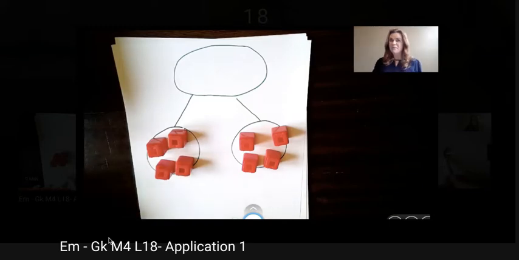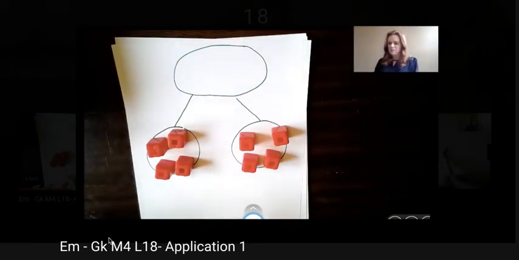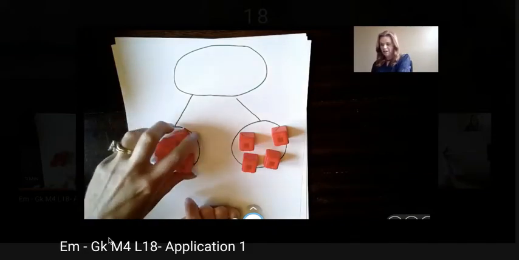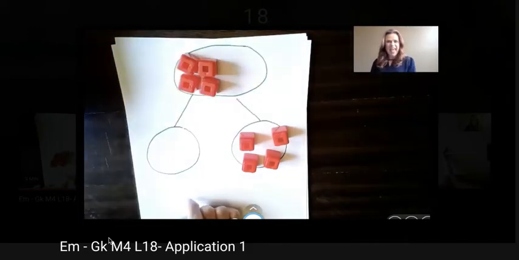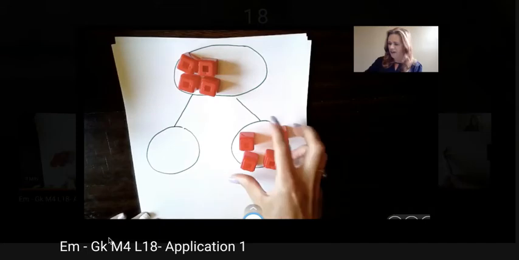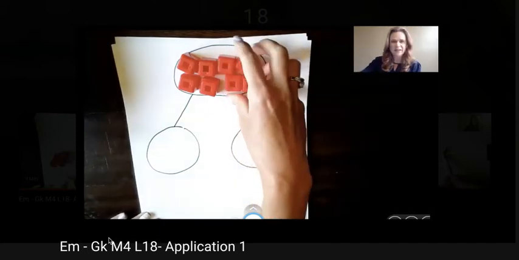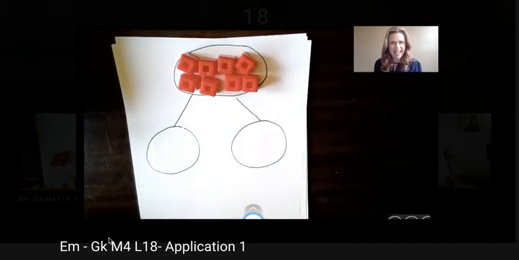Now again, remember, when we have 2 parts, we can put it together to make a whole. So let's move our first part of 4 into our whole, and our second part of 4 into our whole. What is our whole now? Think? And if you need to count, that's okay.